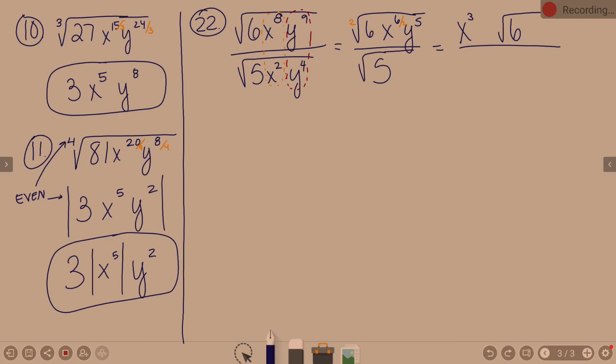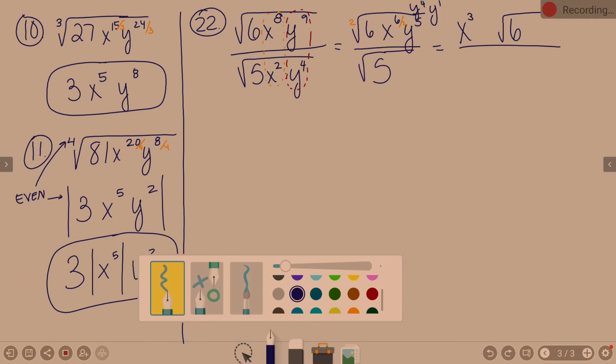So what do I normally do with this y to the 5th? We usually split it up into y to the 4th and y to the 1st. Can I do the square root of y to the 4th?